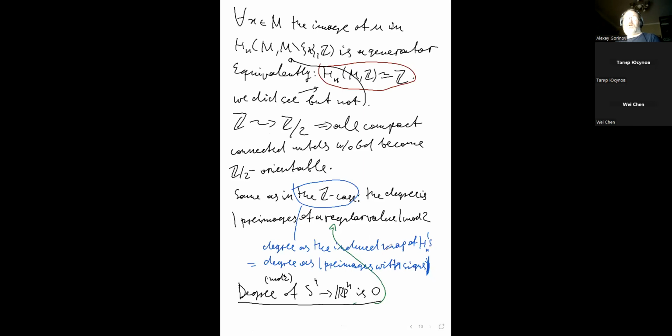And the last thing we need to notice is that the integral degree mod 2 is the degree mod 2, which can be proved using either definition, but it's more straightforward using the definition which involves the preimages of a regular value.